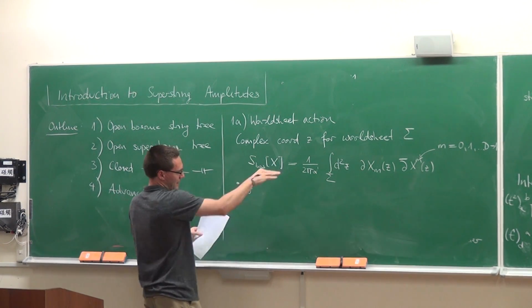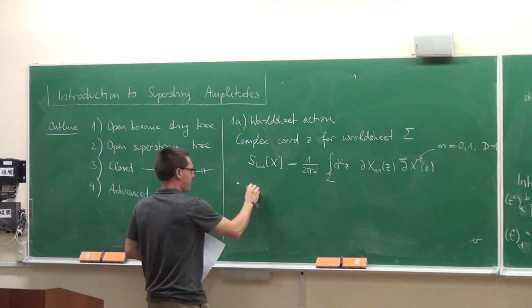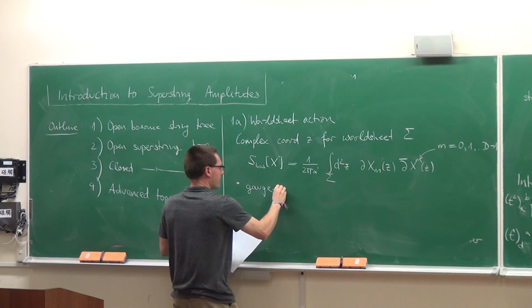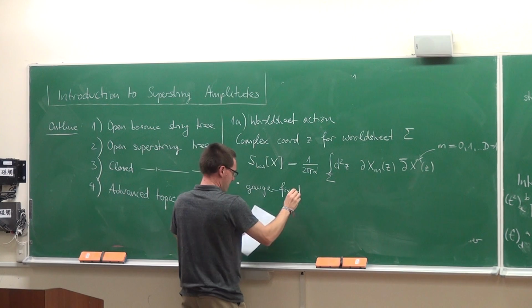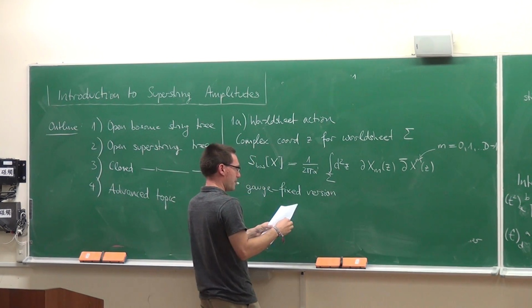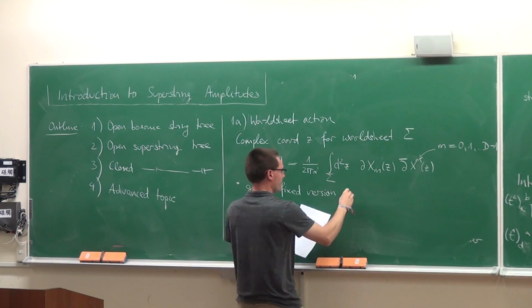But it doesn't really look like an area, and in fact, there are a couple of things that you have to do to connect it with an area. So let me just say it morally corresponds to the area. It's the gauge-fixed version.